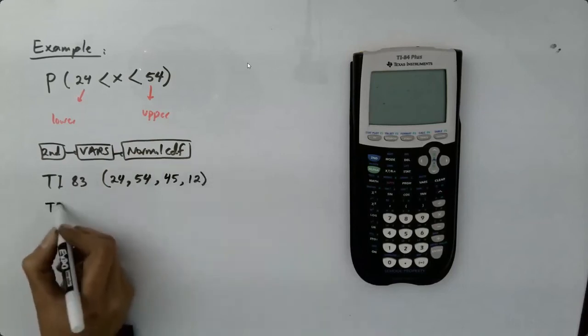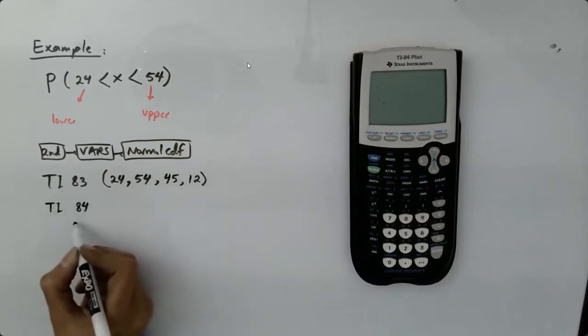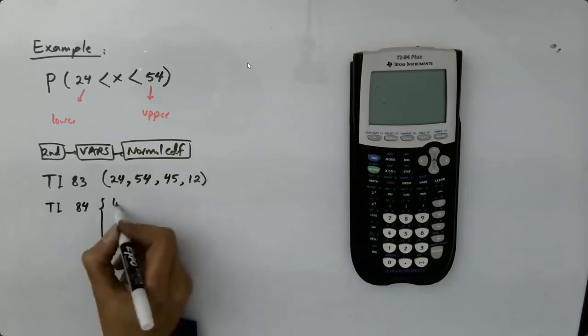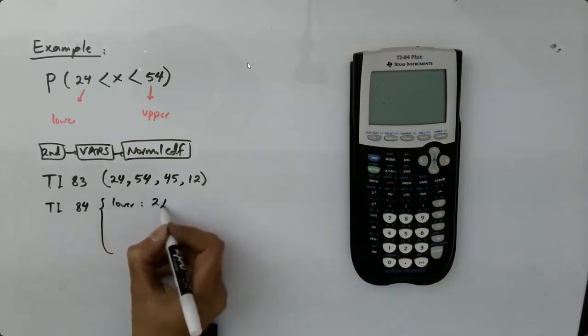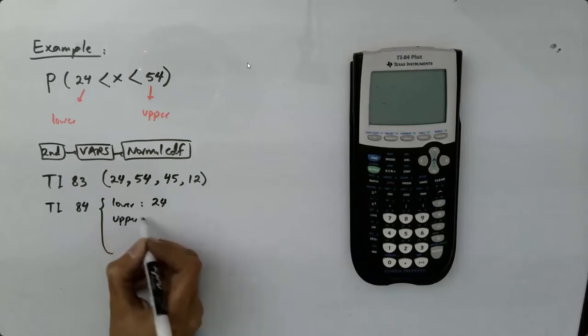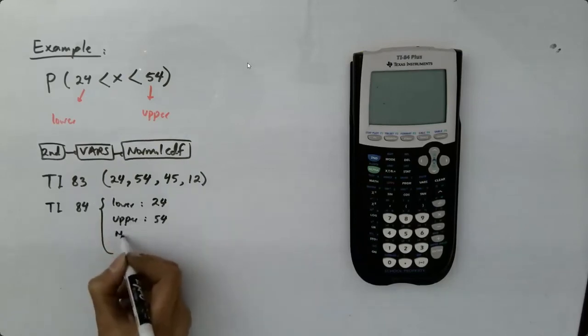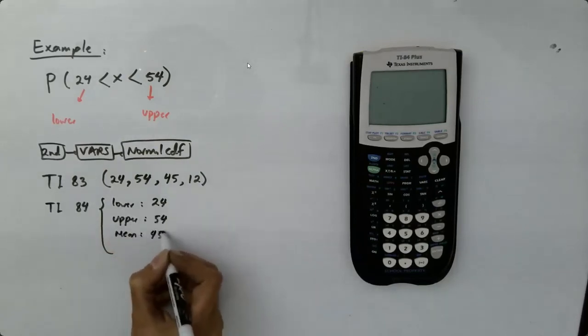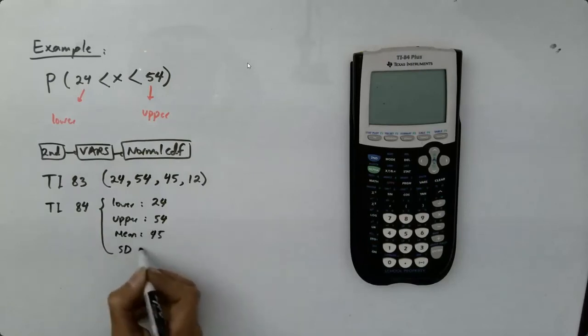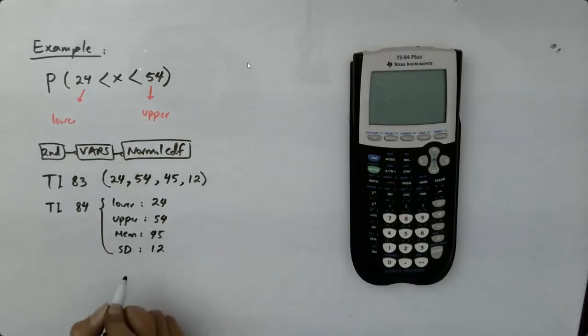Or if you're using TI-84 or an emulator, the lower limit is 24, the upper limit is 54, mean is 45 minutes, and the standard deviation is 12 minutes, okay?